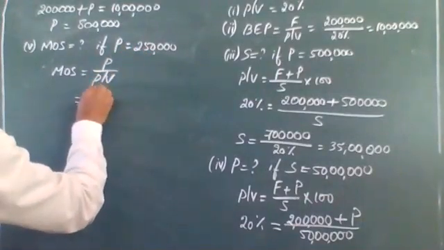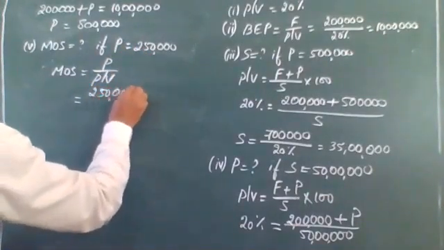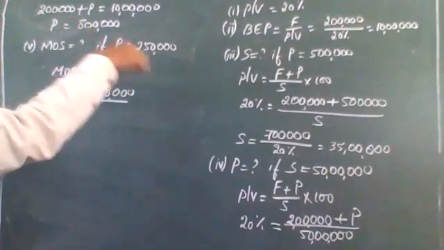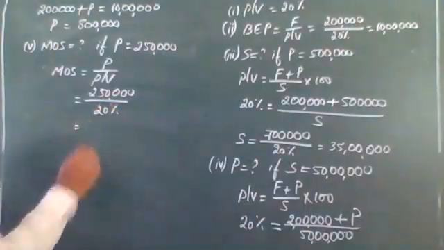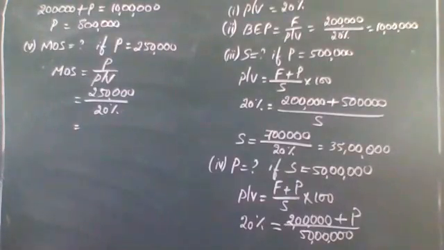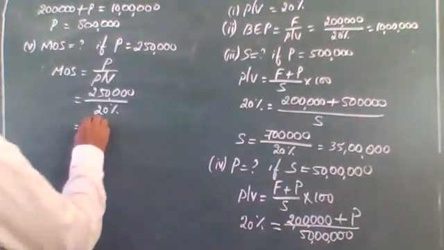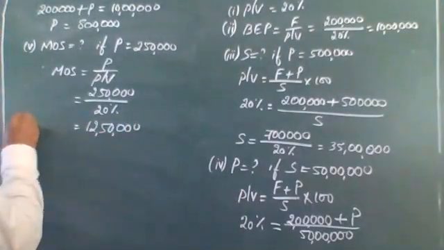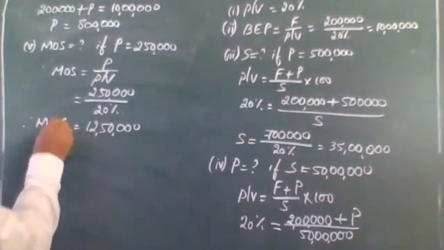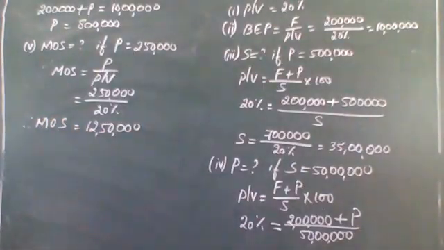Profit is 2,50,000. PV ratio is 20%. Therefore, MOS will be 2,50,000 divided by 20%, which gives you 12,50,000.